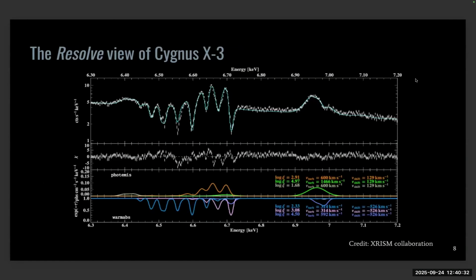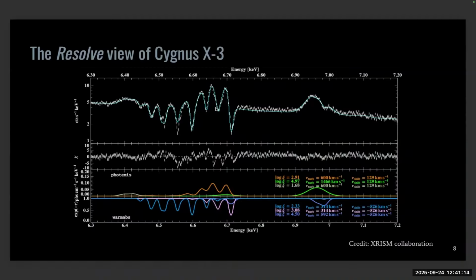So this is the iron K band spectrum taken with XRISM Resolve. And you can already see that this is very rich in features. In particular, you can see a fairly weak, broad iron K alpha emission feature at 6.4 keV, and then a very prominent emission triplet by mostly helium-like iron 25.